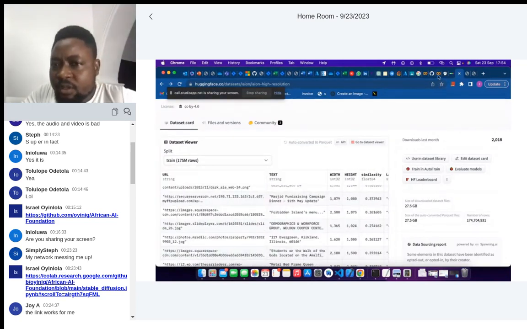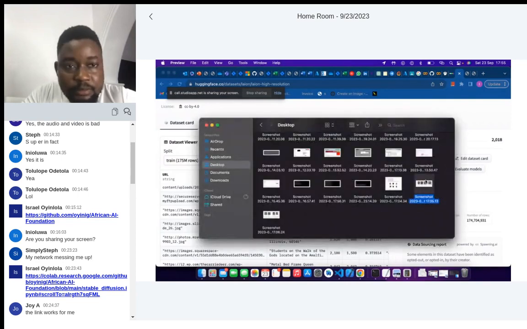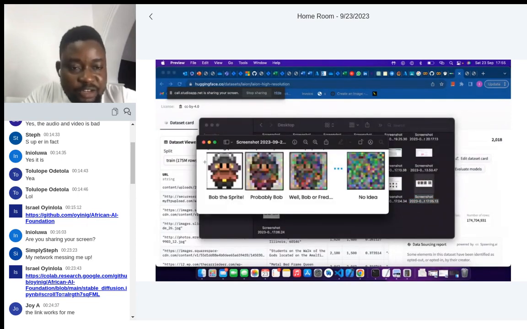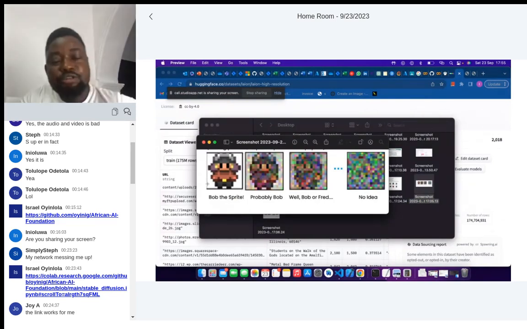So if we have that, this is the first image. This is the main image. And during the training process, what a diffusion model does is that it adds noise to that image.